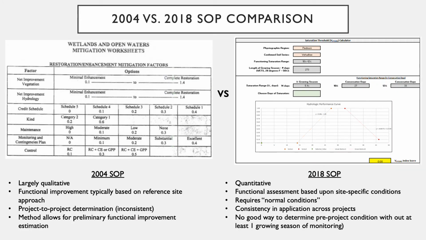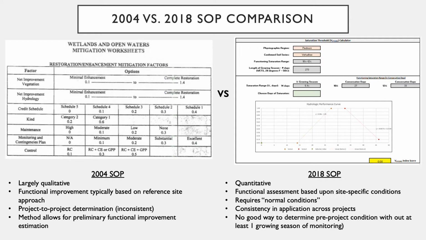We just walked through how the 2018 SOP quantifies wetland function. I just wanted to quickly provide a comparison between the previous SOP that was developed in 2004 and was in place up till 2018, and how the two differ briefly.